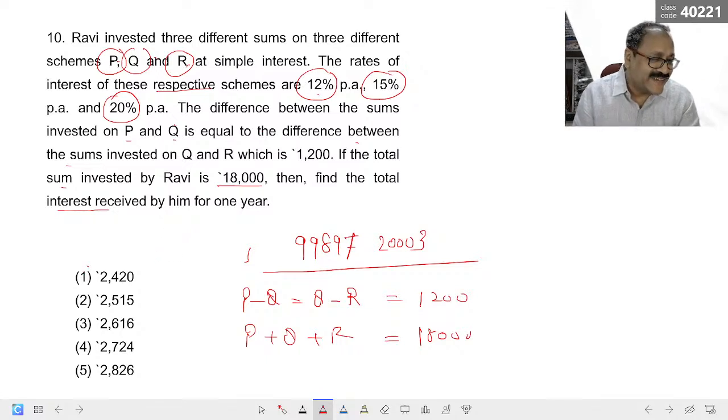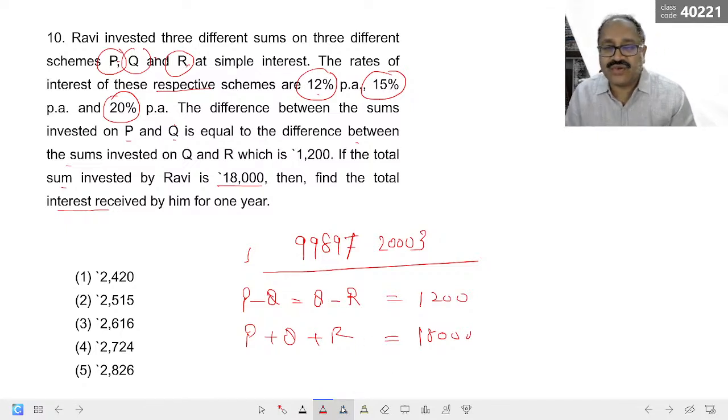So now we need to find P, Q and R. So how do we get P, Q and R?